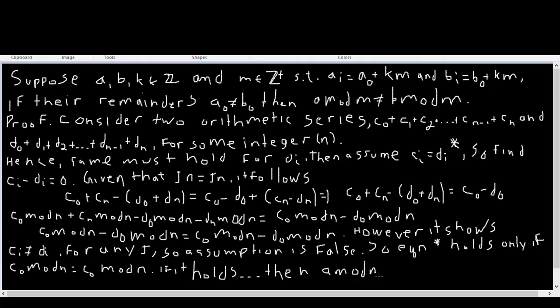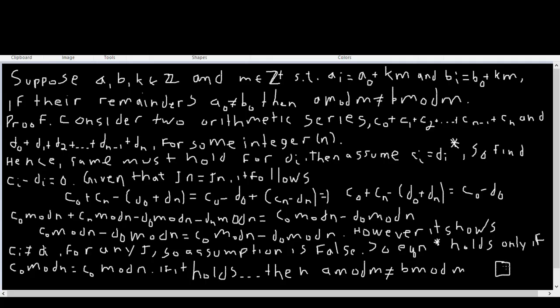In other words, that equation holds only if the remainders are the same. Therefore, if it holds for some integers c, d, and j, then it holds for integers a, b, and k.